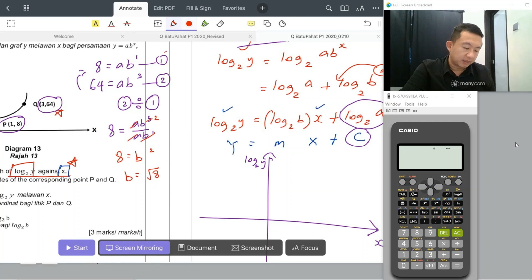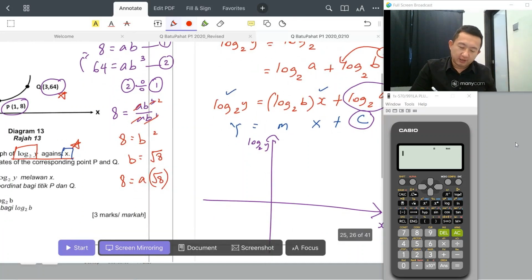So look at this one, we sub in b here. So 8 equals to ab, since b is square root 8. Okay, 8 equals to a multiplied with square root 8. Do you know what is the value for a? Quite obvious, right? By looking at this, I know that the value for a is square root 8, because square root 8 multiplied with square root 8, you have 8. Okay, no worries. If you do not want to do it this way, what you can do is a equals to 8 divided by square root 8.